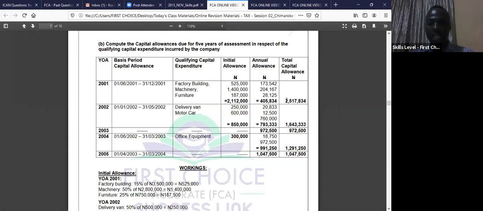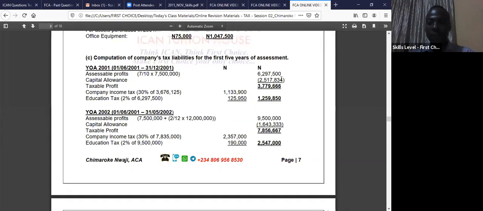This figure is what we are going to use. We said it's a manufacturing company, and so it's not going to be restricted. There's nothing like a 2/3 restriction here. So we take everything. When we relieve capital allowance from this profit, we get our taxable profit to be this figure we have here.